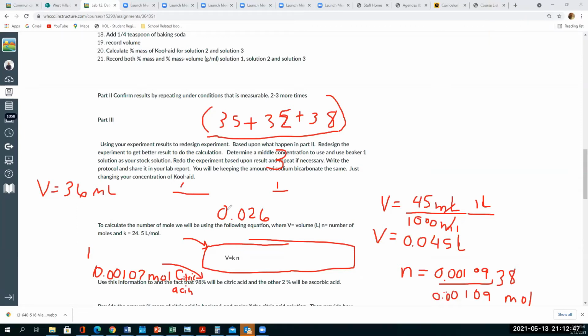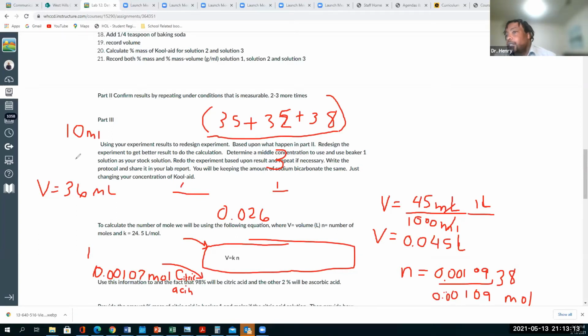Okay. And how many mils of it did we use? Of the Kool-Aid or the water? Of the Kool-Aid. You used 10 mils of the Kool-Aid. Okay. We know that.